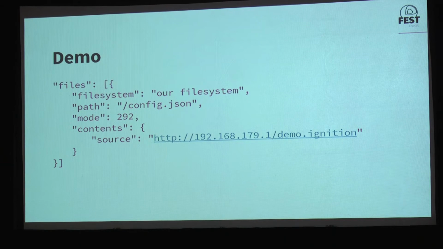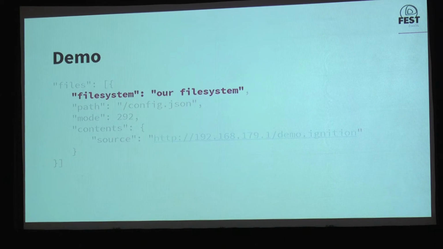In this case, we're going to create our config file. We reference the file system by the ID that we just used. We give it a full path to the file, in this case just config.json, and we give it a mode. Now, the mode here is specified in decimal. We're accustomed to seeing the file mode specified in octal, so 292 is 444 in octal, so read for owner, group, and everyone else on the system.